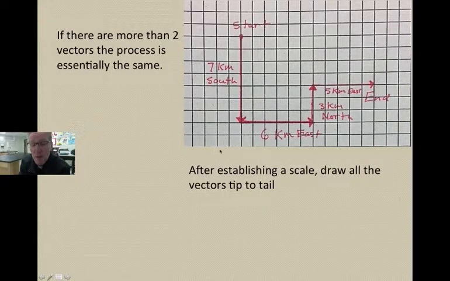It's still the same. So we would establish our scale. In this case, since we were in kilometers, I would say each square is worth 1 kilometer. That's easy to do. And since I'm using the same graph paper, each of those is going to be 6 millimeters. So let's go ahead and draw our resultant.